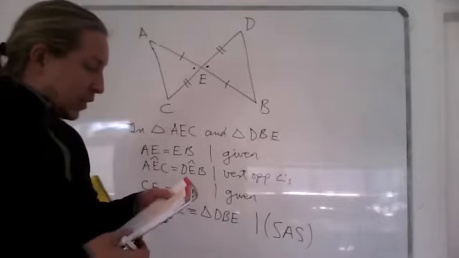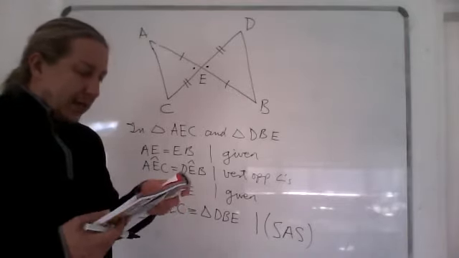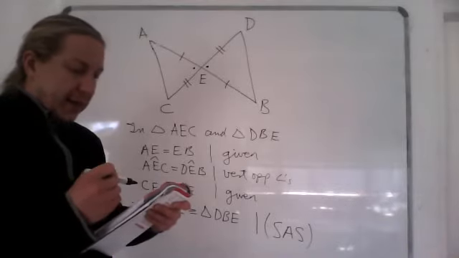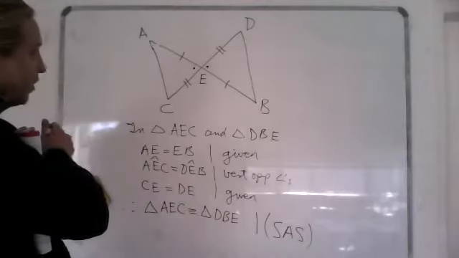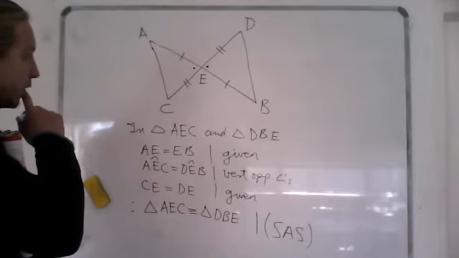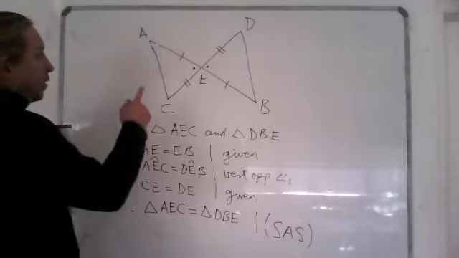Now, number 2, they say prove that AC is parallel to DB. Okay, so they want us to prove that AC is parallel to DB. Well, if these two triangles are congruent, let's think.